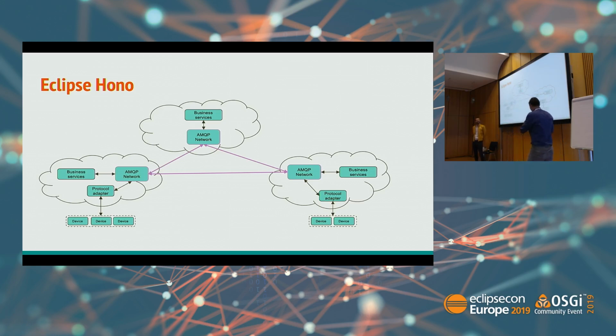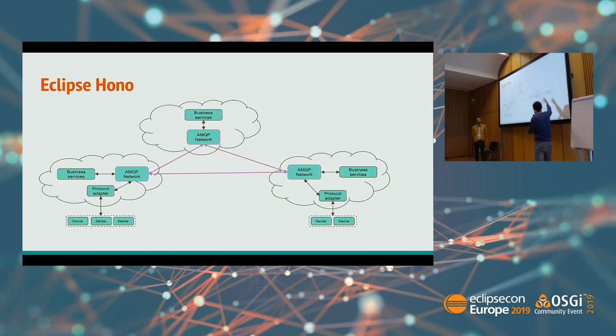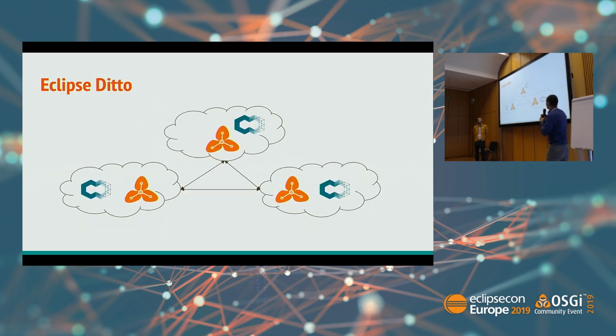And the other thing is that Hono itself is always a means to an end, right? The messaging and networking and connectivity is never a complete solution. So if you take this business service and say it's Ditto, the digital twin service, once we have distributed Hono, we can maybe try to distribute the things API.